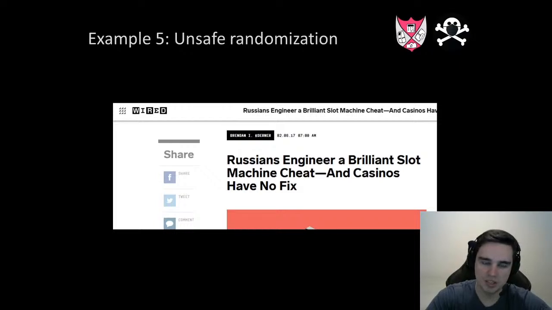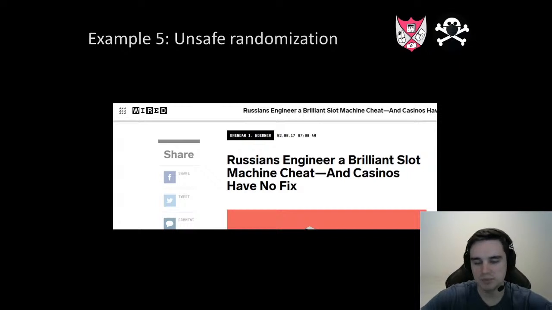A team of Russian engineers, or maybe one engineer, reversed a slot machine, and they recovered the algorithm it used for randomization, and they developed a program. Or I don't know what they did, but they developed a program that helped to recover this sequence.